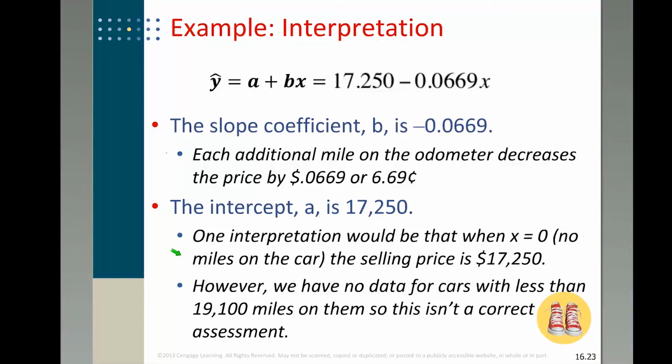And therefore, although it seems like we can interpret the y-intercept, it turns out we won't be able to, at least for our regression analysis. Okay, so most of the time for simple linear regression, there's no interpretation for the y-intercept, especially when x equal to 0 is not included in our data, right? So that's the first thing we check.